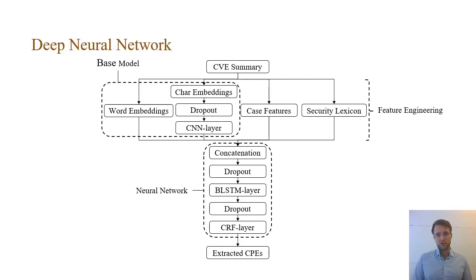The case features regard specific word properties such as the casing, if it's upper initial or everything is upper, if it's all lower, or the numerical saturation. I will go more into depth on all these features later. We have also tried out a security lexicon based on past CPEs to see if that could bring additional signal into our model.